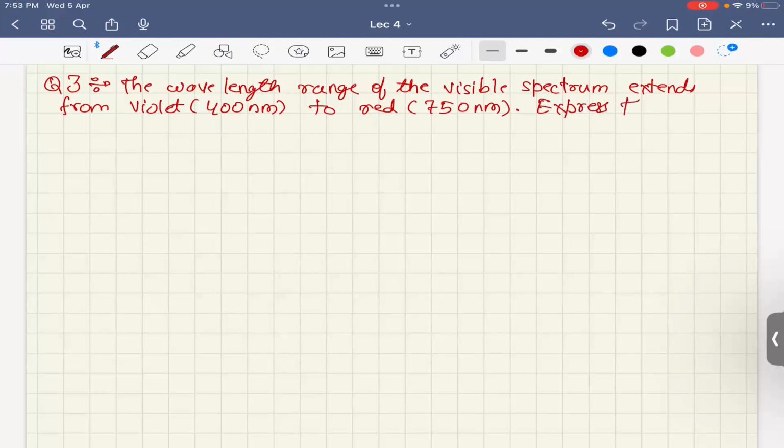Express these wavelengths in frequencies, that is hertz, right?